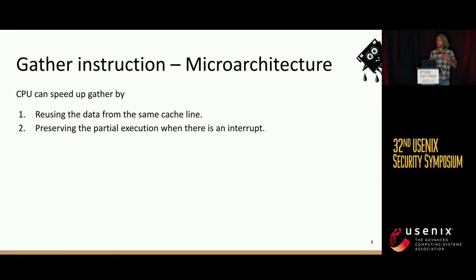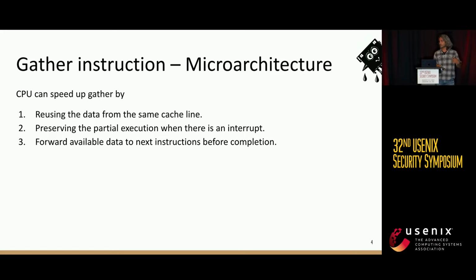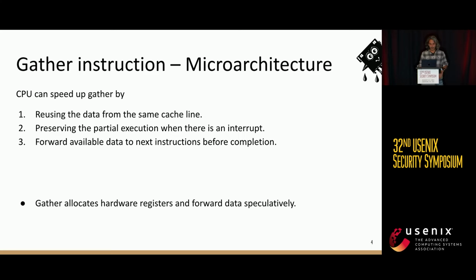The CPU can preserve the partial execution and, when the interrupt resumes, continue accessing the rest of the data. In the meantime, the CPU can also forward available data to the next instruction, so it doesn't have to wait for all the 16 or 8 memory accesses to complete before continuing. So essentially, gather can allocate some hardware registers or buffers and forward data speculatively.